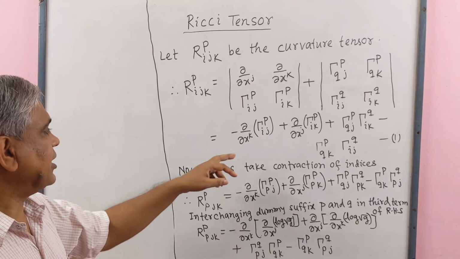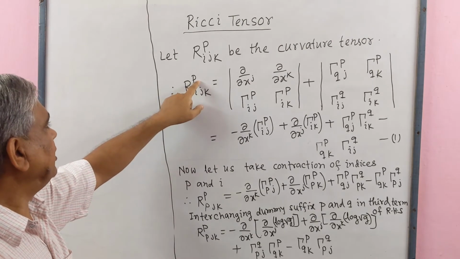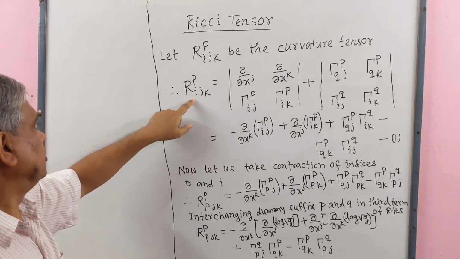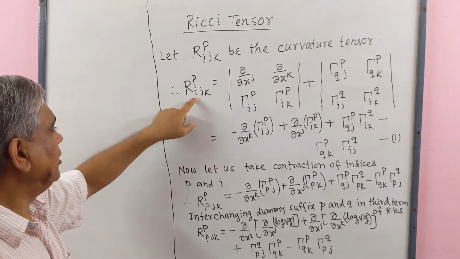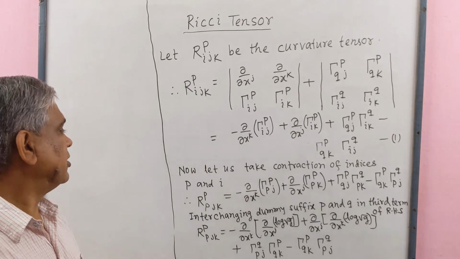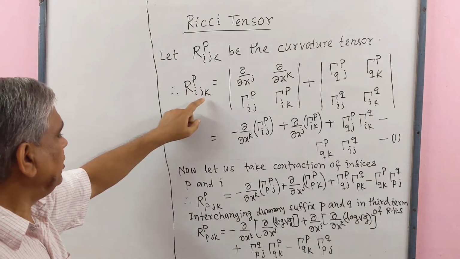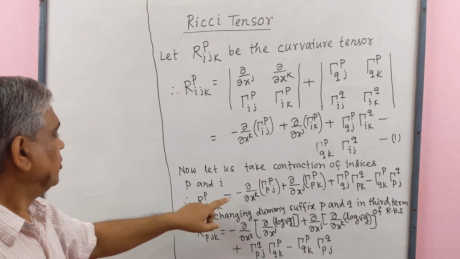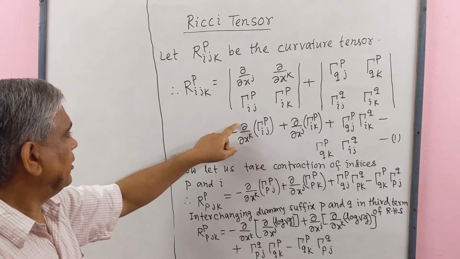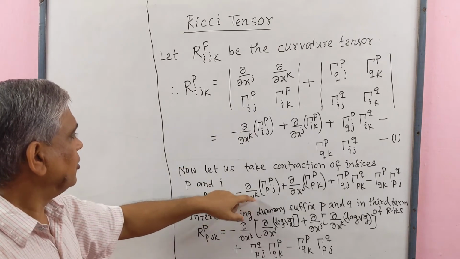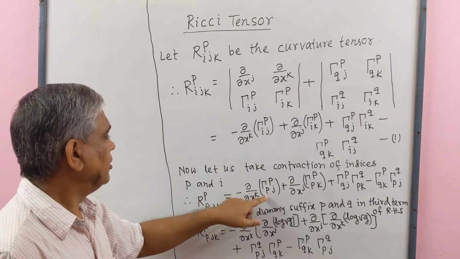Now let us take contraction of indices p and i. In place of i, we write p on both sides. We get R^p_{pjk} equal to minus del by del x^k, and in place of i we write p.